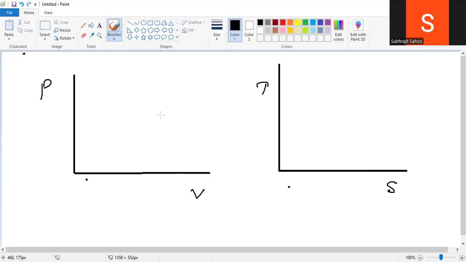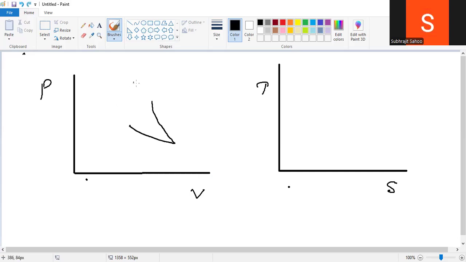So observe 1 to 2 process. Then 2 to 3, 3 to 4.